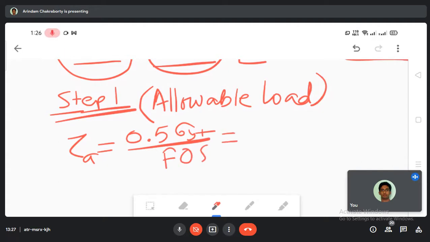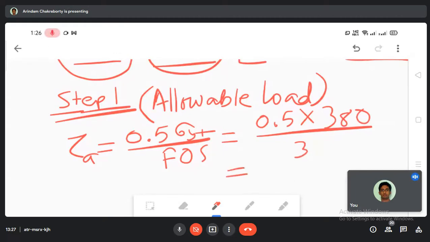That means 0.5 into 380, which is given, and the factor of safety is 3. So this will give you the allowable shear stress.